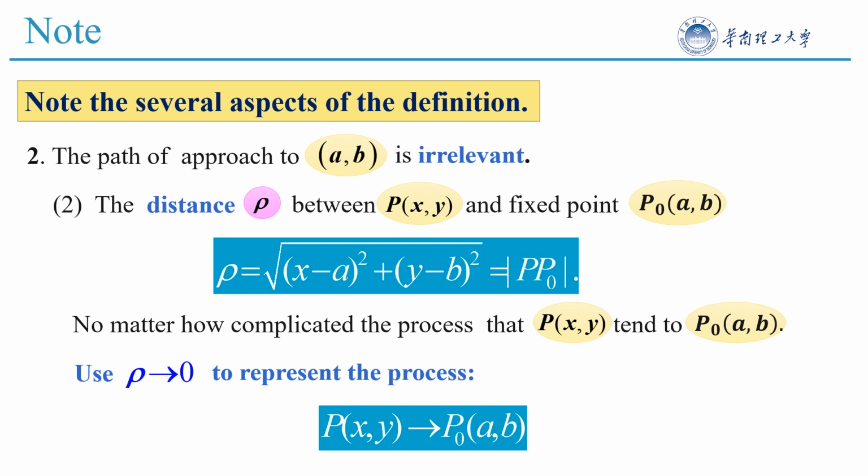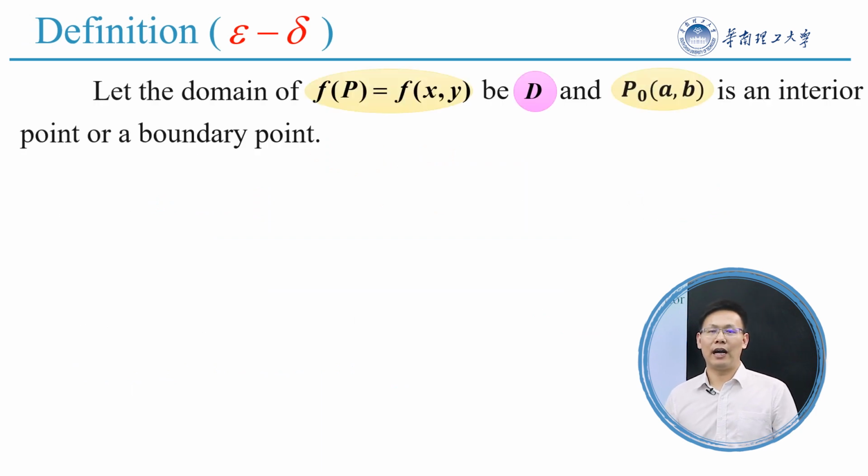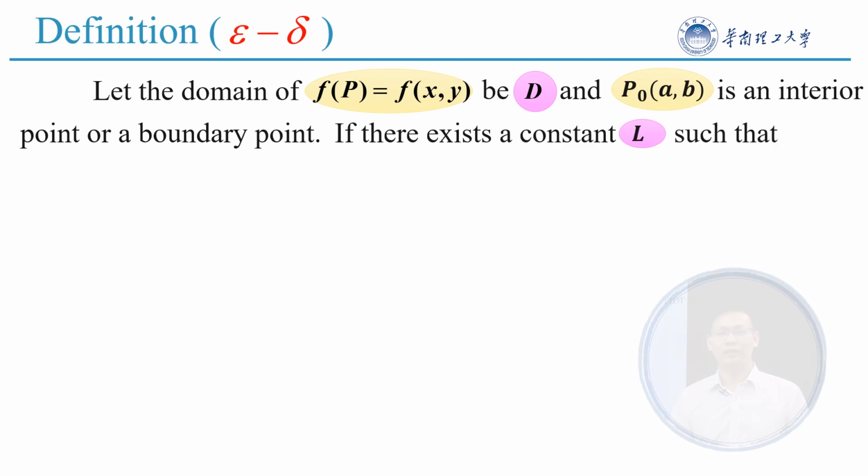Then we have the following definition of limit. Definition: let the domain of f(x,y) be D, P0 be an interior or boundary point of D, and L be a constant.